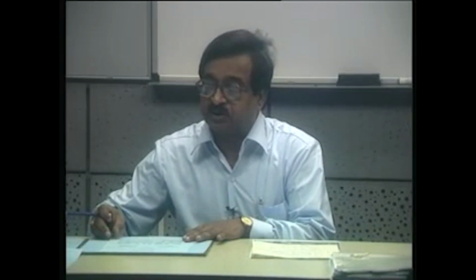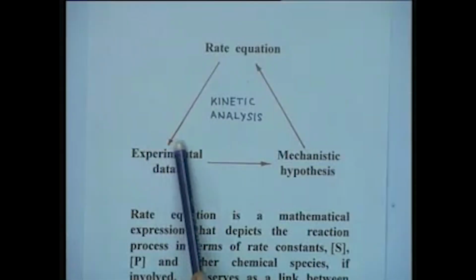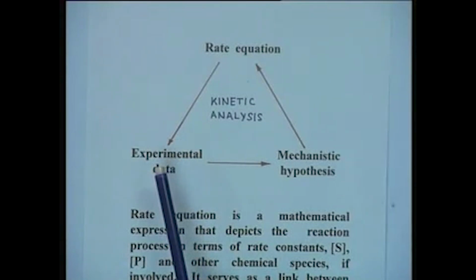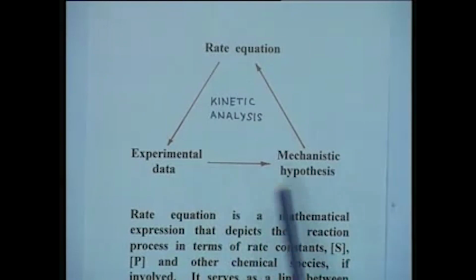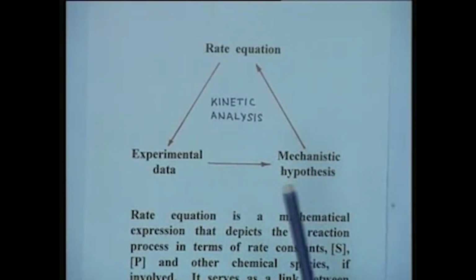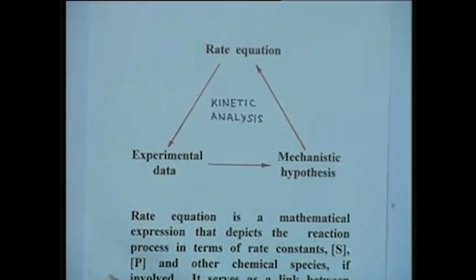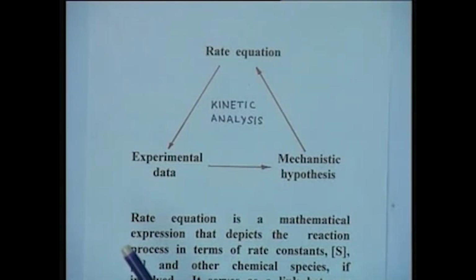Now, there are three major constituents in any kinetic analysis. As I mentioned earlier, the first and probably the most important are the experimental data. With the experimental data, one assumes a certain mechanistic hypothesis, that means how the various molecules involved in the reaction are interacting.